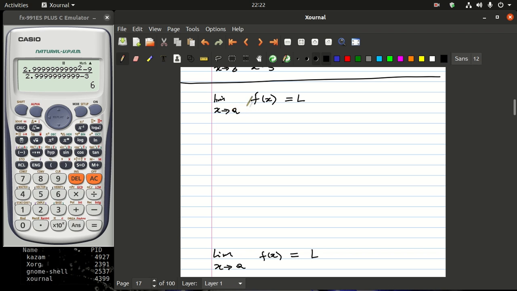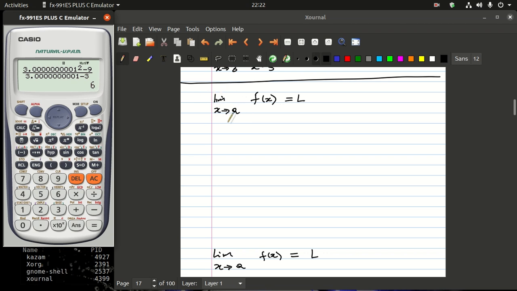So I wanted to pick a point so close to a, but on the right. The same thing we're doing here, because we picked 2 points. One was 3 comma something, which was on the right of 3, and the other one was 2 comma something, which was on the left of 3.